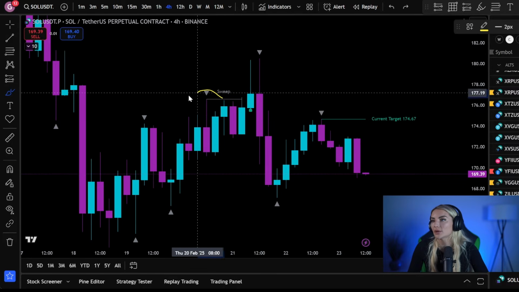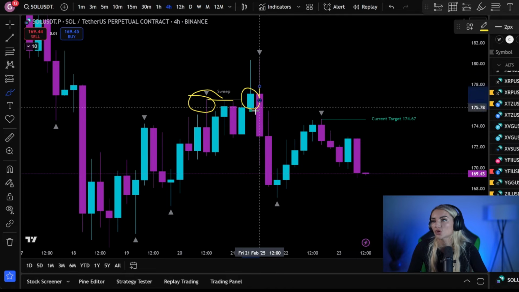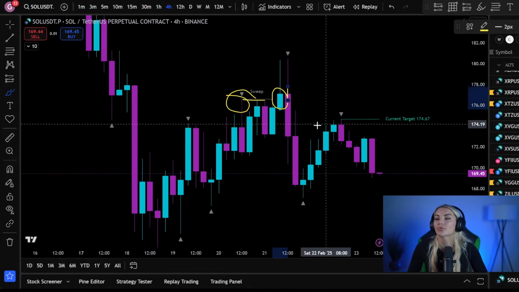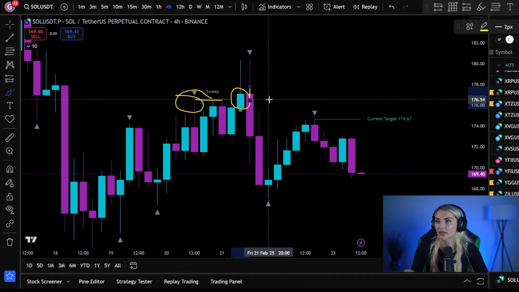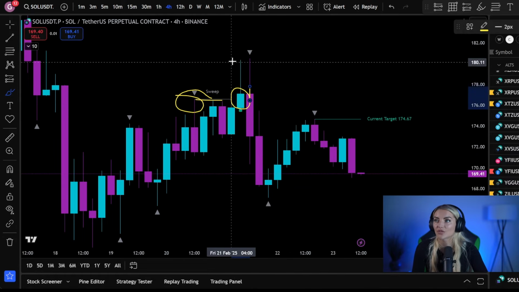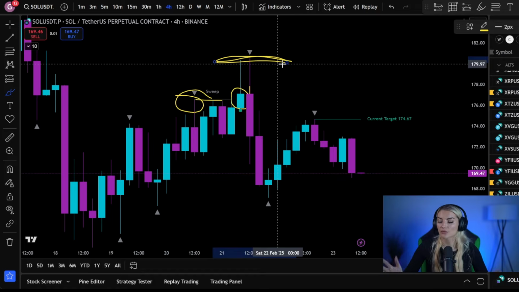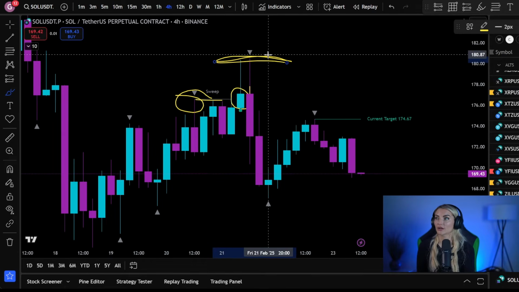So we had a sweep here, for example, on the fractal candle, and then we had a bullish close on the 4-hour, which is then suggesting that price is gonna target the next fractal candle, which in that case, before the weekend was up here, but I don't trade the weekend, so this is why you get these sort of results on this chart.